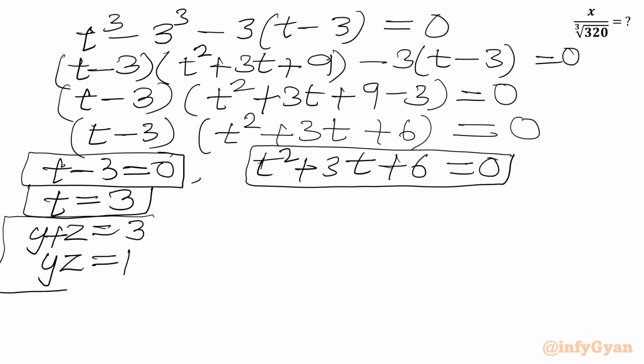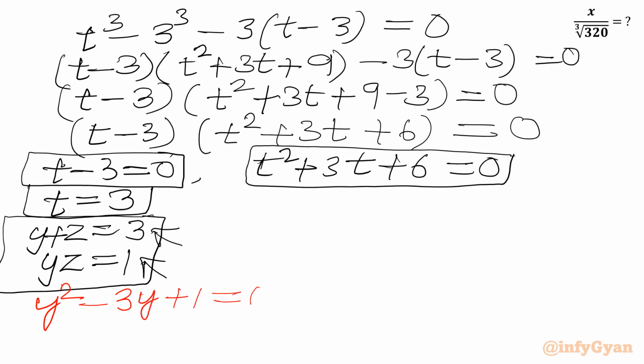So we can think about one quadratic equation whose roots are y and z. Then this is the sum of roots, and this is the product of roots. So I can frame one quadratic equation in y itself. This will be y square minus sum of roots, which is 3, times y plus product of roots equal to 0.